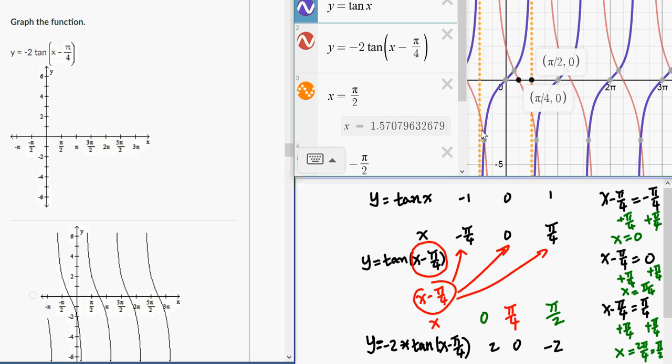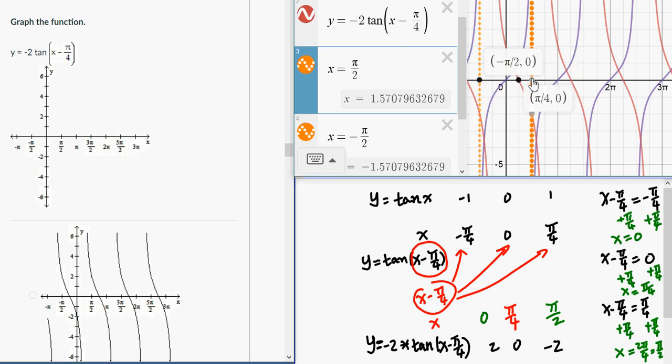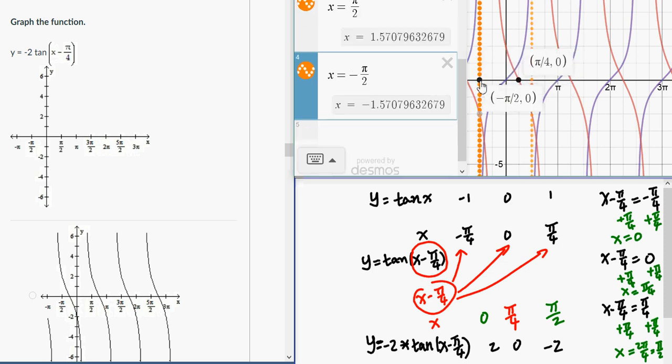On the left-hand side, you have this branch. Between negative pi over 2 and positive pi over 2 for x, that's one period. So that's tangent.